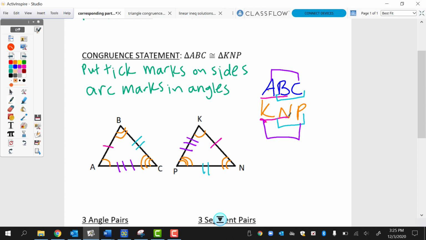So make sure, because that tells you which ones match up, okay? So now that we are good with that, you can go ahead and start the formative for today.